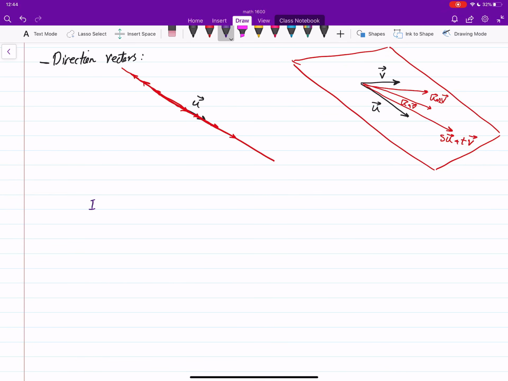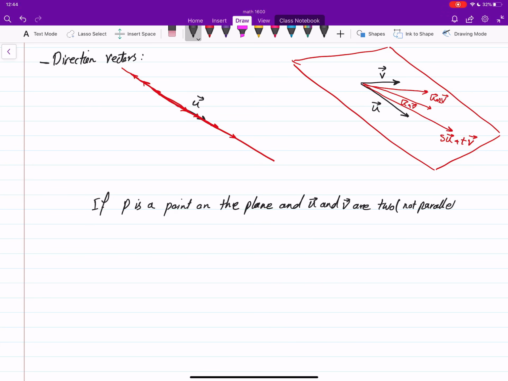So if P is a point on the plane and U and V are two vectors, we have to be careful: U and V cannot be parallel.